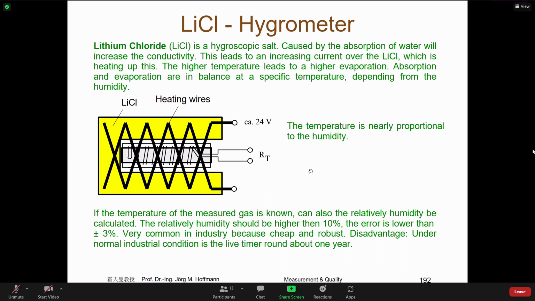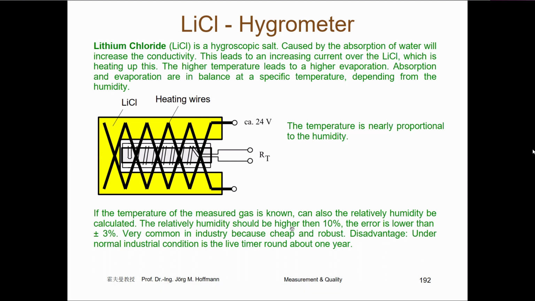But yeah, it is written that the humidity should be higher than 10%, because when you have no current here, you need a minimum of current to heat it up, and so it works when it is higher than 10%, but 10% is very low. And the error is lower than plus minus 3%.